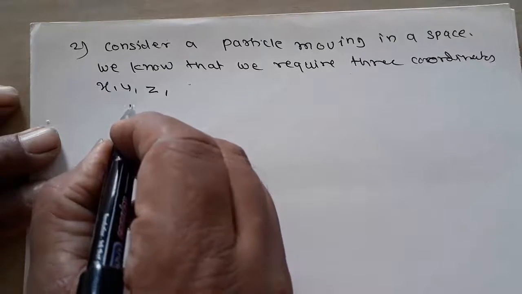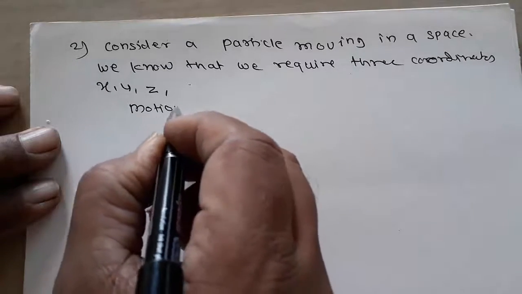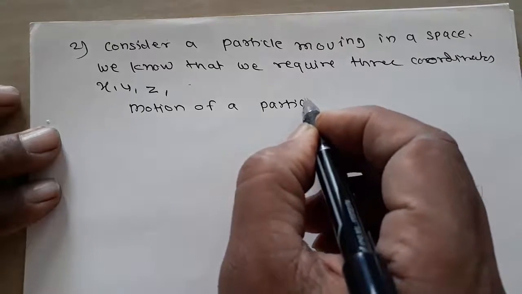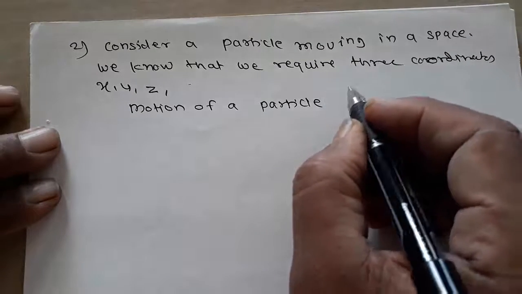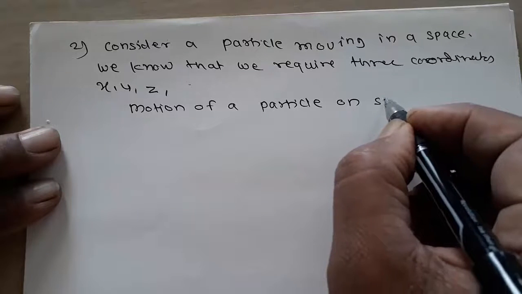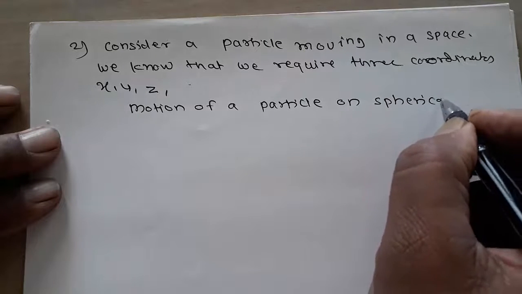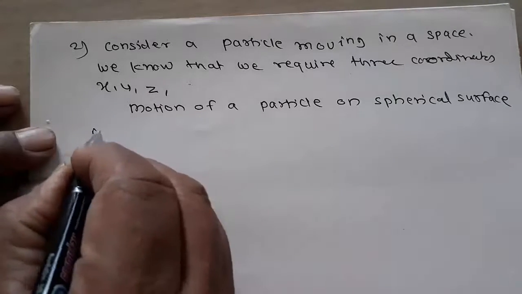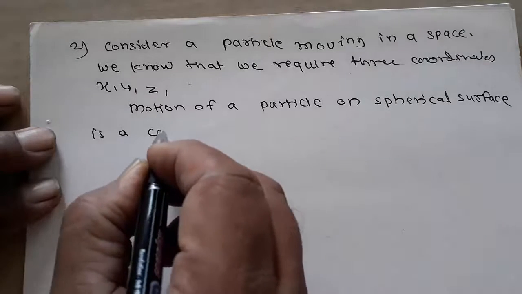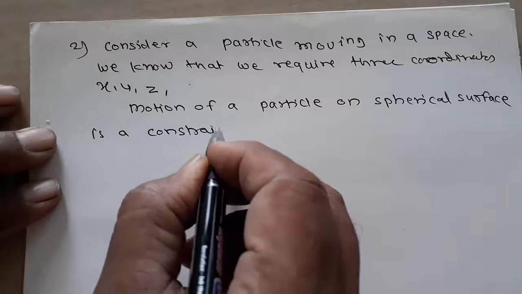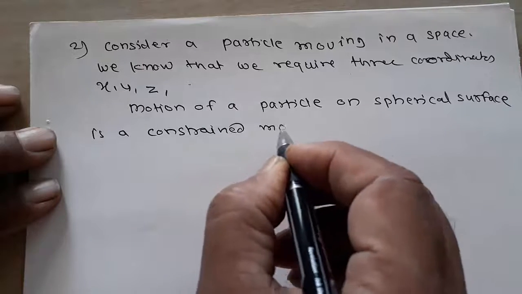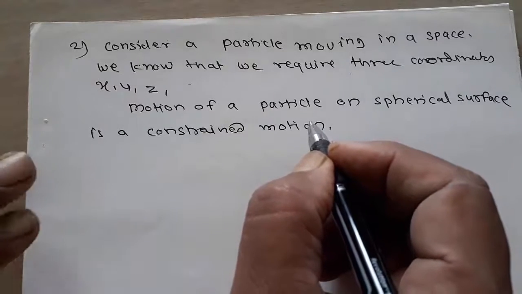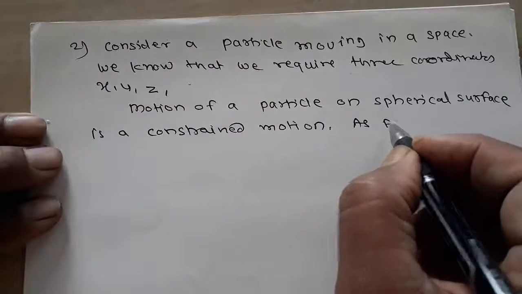The motion of a particle on a spherical surface is a constraint motion.